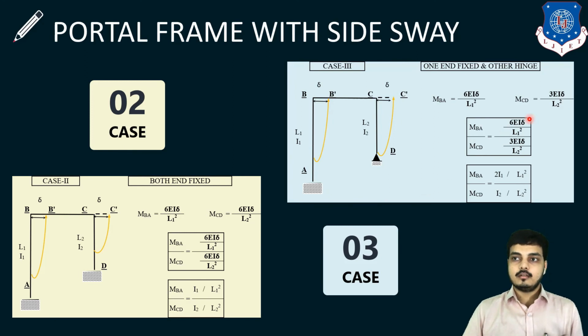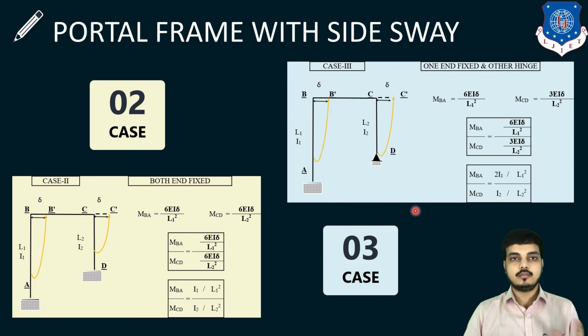One more thing: delta is also cancelled out because both columns will have a similar deflection. It won't happen that one has a 10 mm deflection and the other a 5 mm deflection. A difference in deflection is not possible, because if a given loading is applied, the frame will sway by the same amount, and the deflection occurring at B will be the same at C. We have to remember this, which is why we cancel out delta.